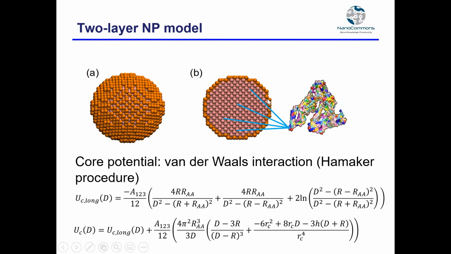Surface I will define later from the surface interaction potential. We simply integrate the 1 over r to the 6 potential, and the formulas that we derived have a different shape depending on how far the protein is from the surface. It could be the standard Hamaker potential for two spheres, or it could be the Hamaker potential minus the length covered by surface interaction.